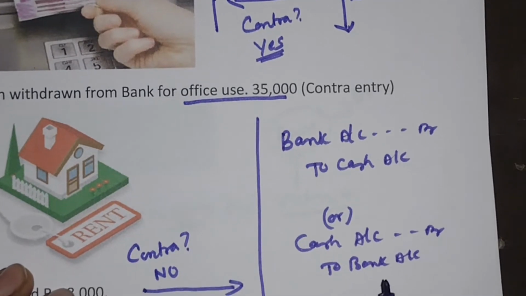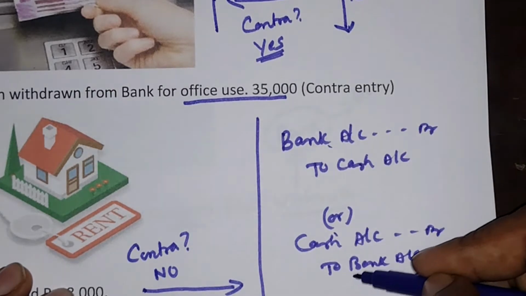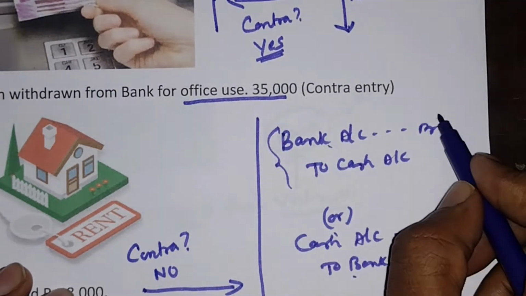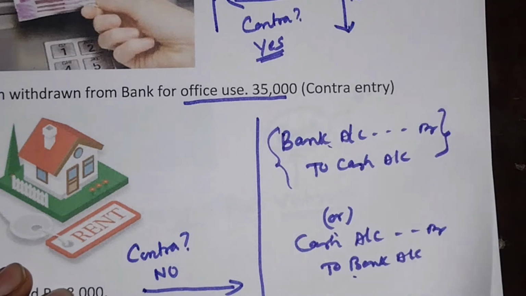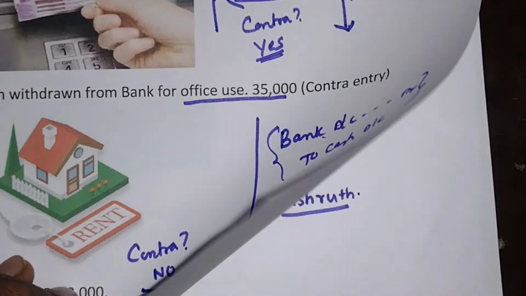Only these two journal entries will come. Bank and cash, cash and bank. Only these two journal entries will appear. So this journal entry, let me show it with another concept.